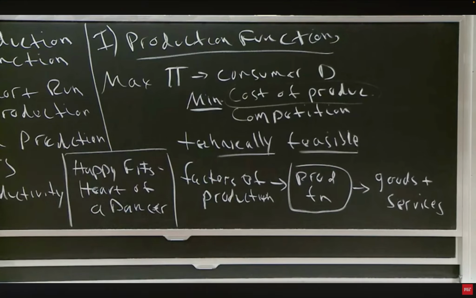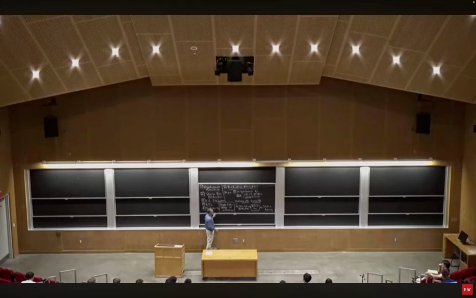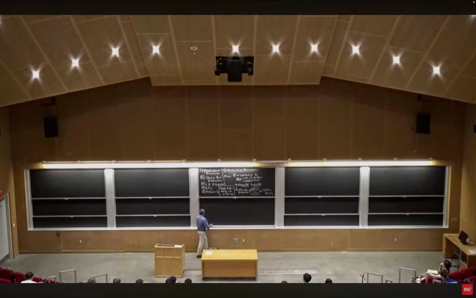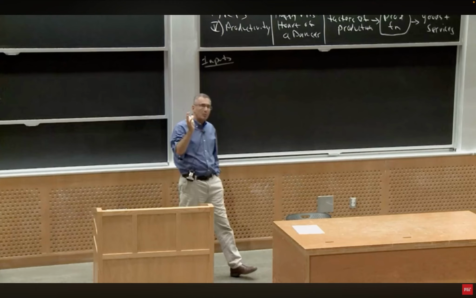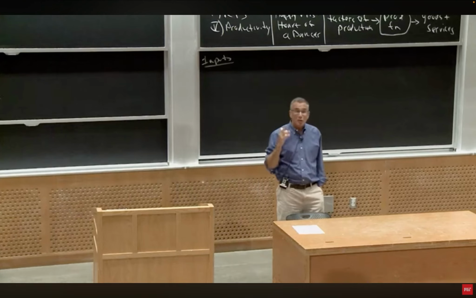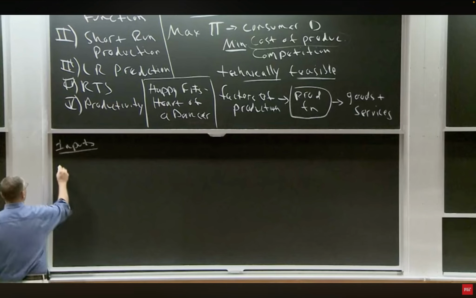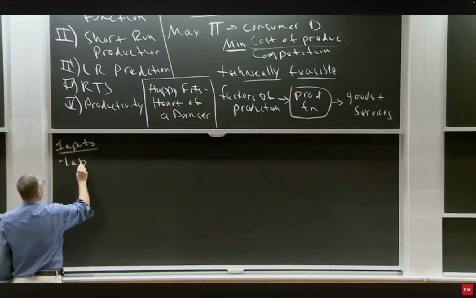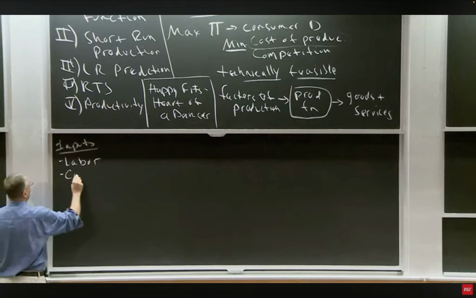So what are these factors of production? These factors of production are what we call inputs into the production process. The inputs into production are of two types. To make life easy, once again, obviously in the real world there's a million types of inputs into production. But to make life easy, we'll start with a model with two types of inputs into production: labor and capital.